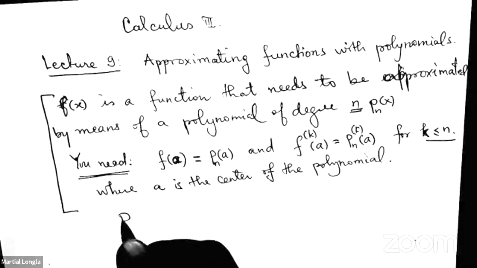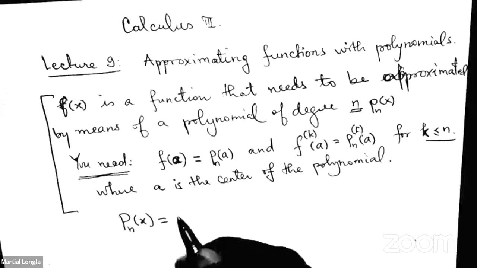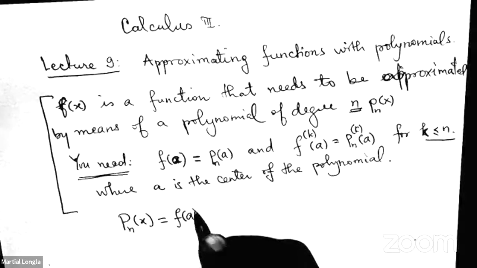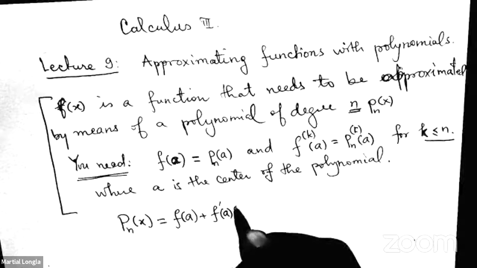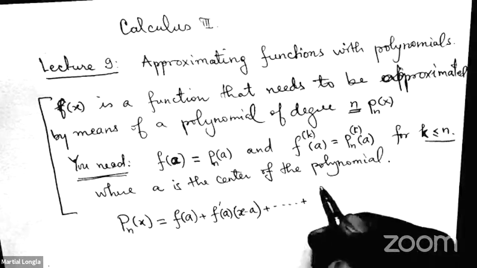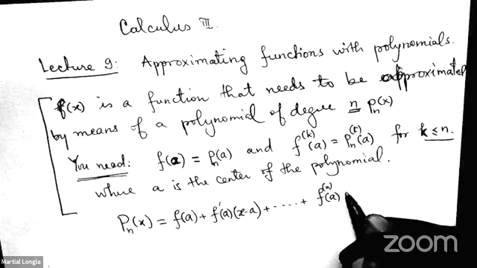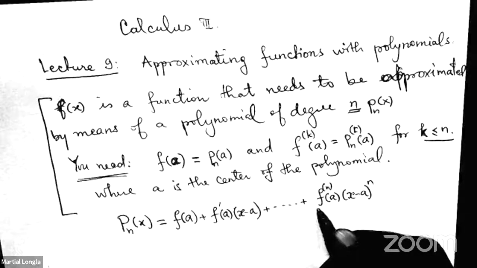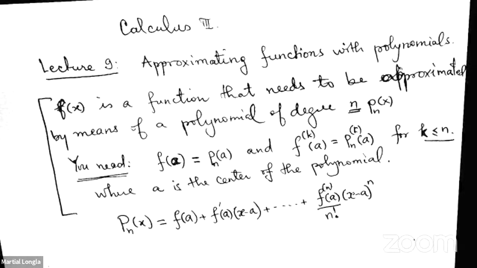The polynomial that we are looking for to approximate is f of a plus f prime of a times x minus a, plus the nth derivative at a times x minus a to the power n divided by n factorial.